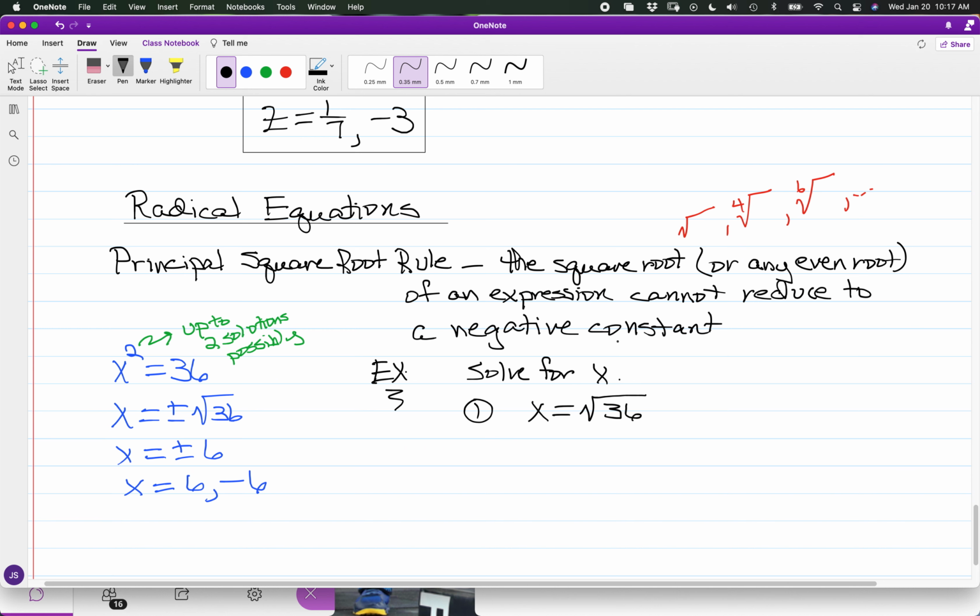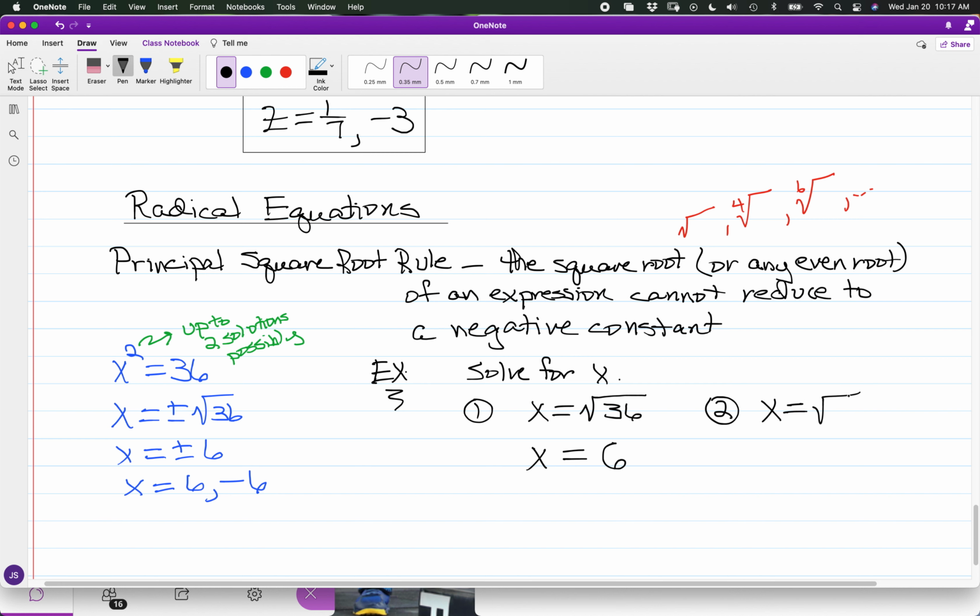It's like if you were to enter 36 into your calculator and push the square root feature, you have only one display, and that would be the number 6. And just like x is equal to the square root of 100, you would have that x is equal to 10.